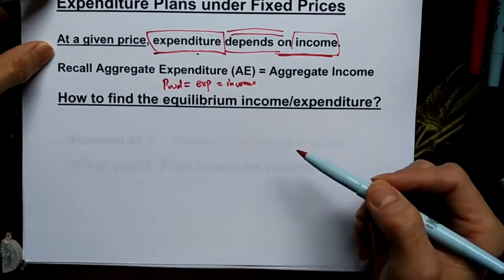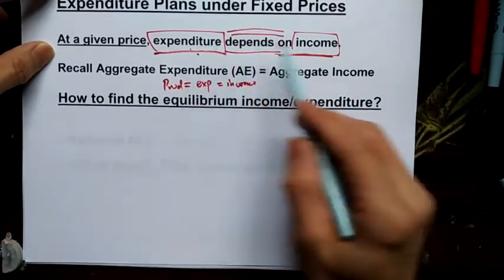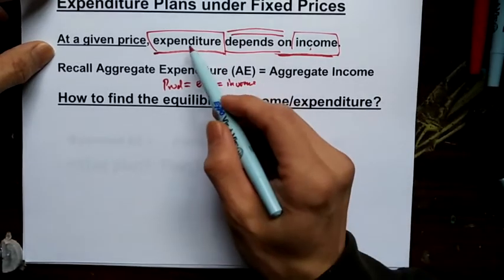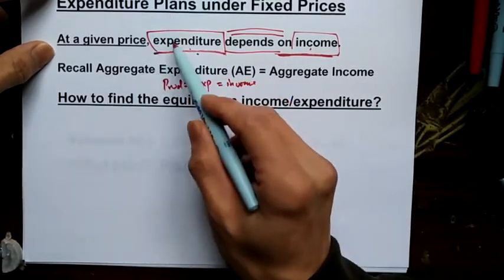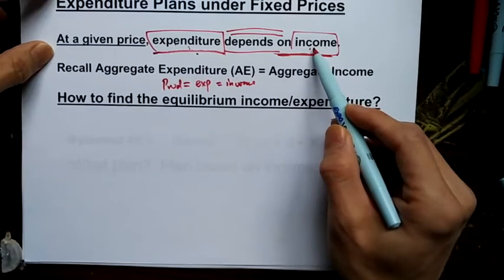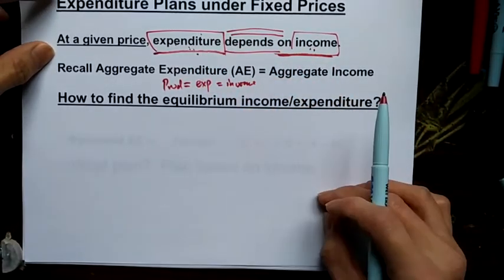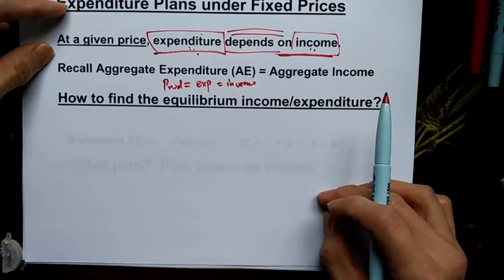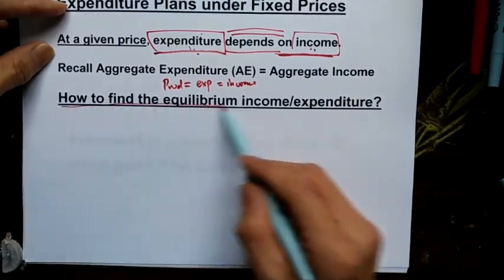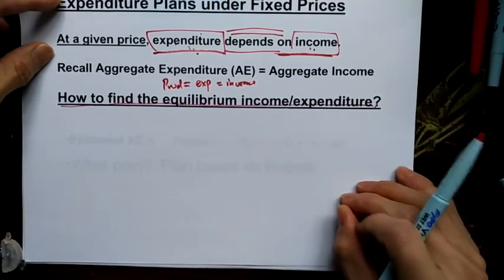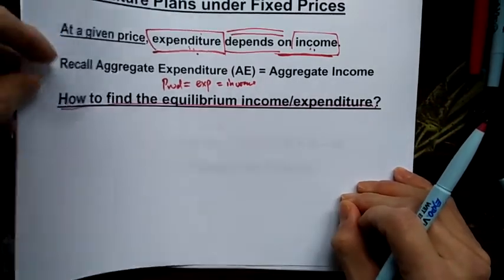Therefore, we should be able to find an equilibrium expenditure and income, where your expenditure plan depends on this income, and this income is exactly equal to your expenditure. So how do we find the equilibrium income and expenditure? That's what we are going to do in this chapter.